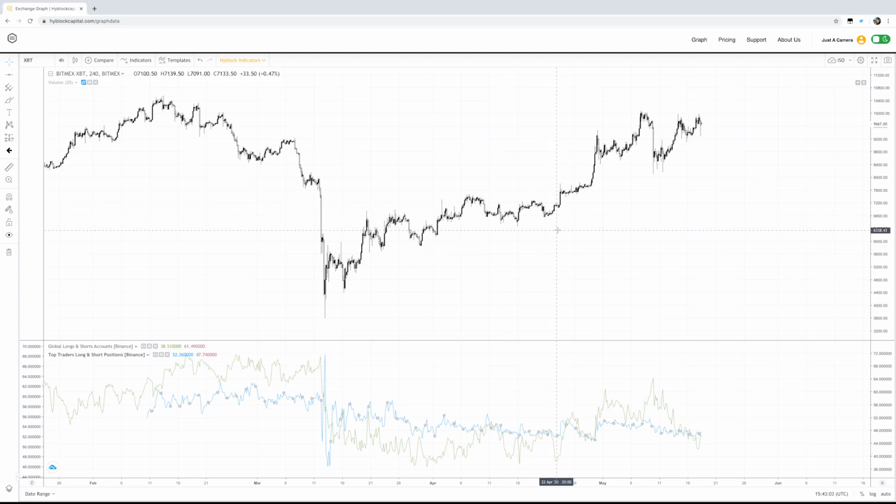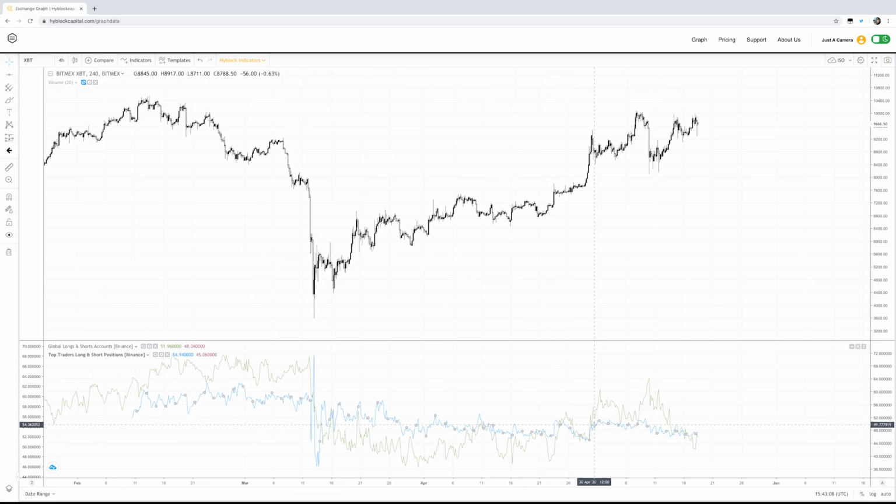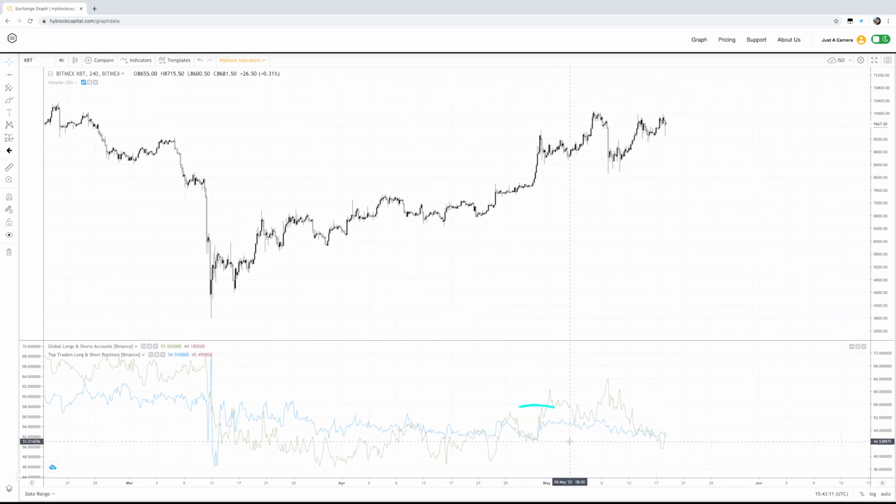We can see in one instance right here, this is something that both Zoran and I recognized. We saw retail shoot up significantly, and it was about right here. And we saw a divergence in the whale accounts, call it that.